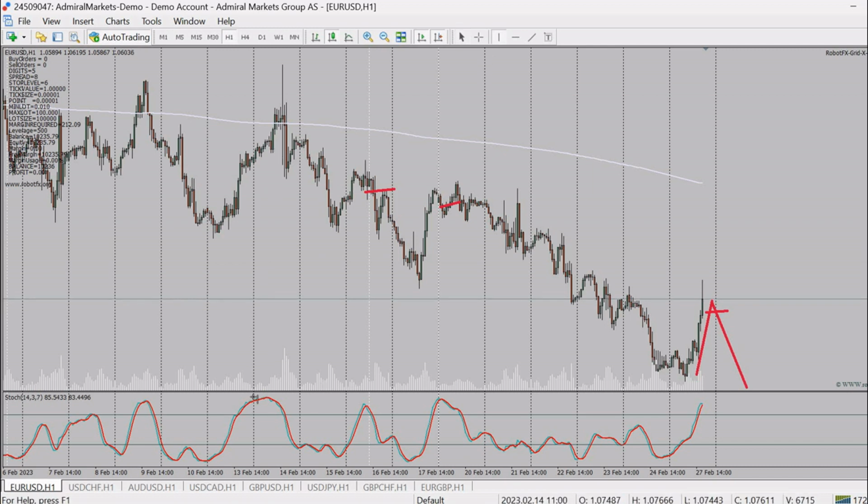And again, another one somewhere here. It's not clear right now. Somewhere here. And then one more here. This one is not clear because I'm not sure the price was above the moving average, so we're going to ignore that one.